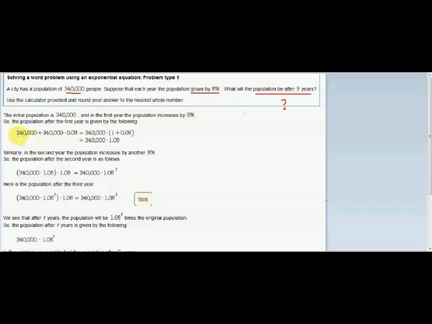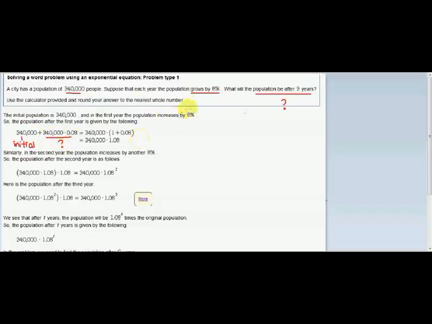As you can see here, this is the initial value, right? We're adding the initial value to 340,000 multiplied by 0.08. What is this?